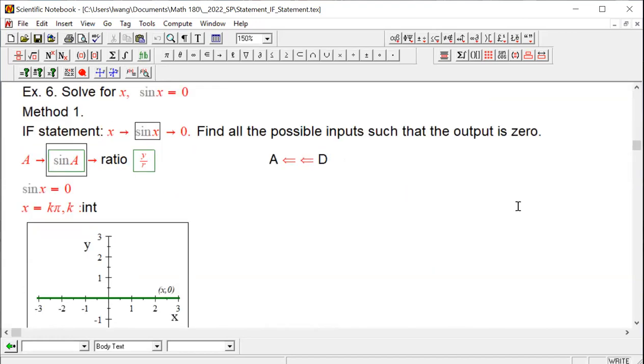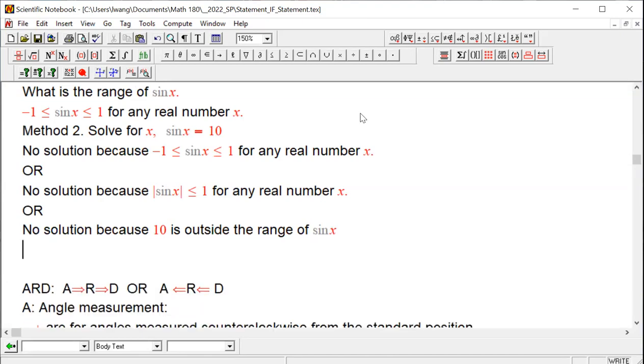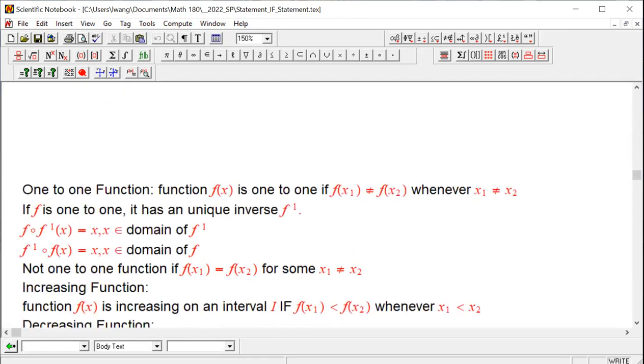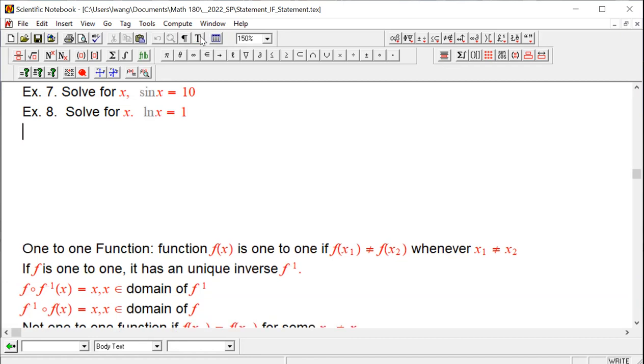Exponential and logarithm haven't been covered, so I'm going to use an example for logarithm. Next, example number 8. Once again, solve for x. So the equation involved is ln x equals 1.